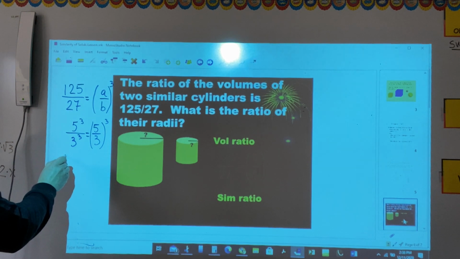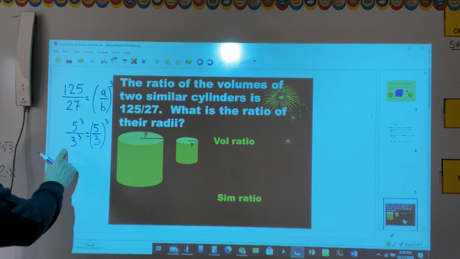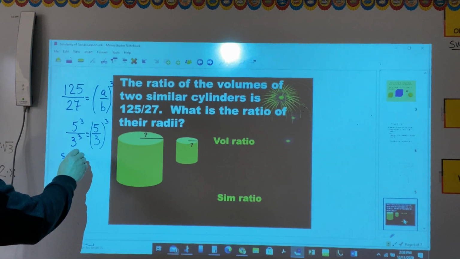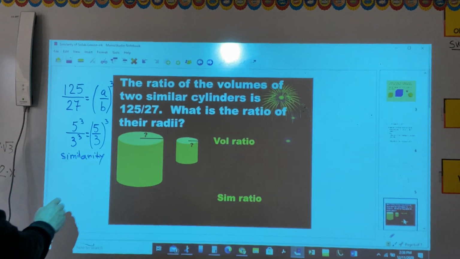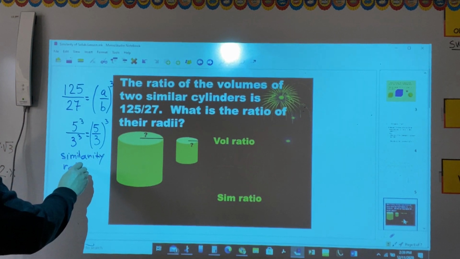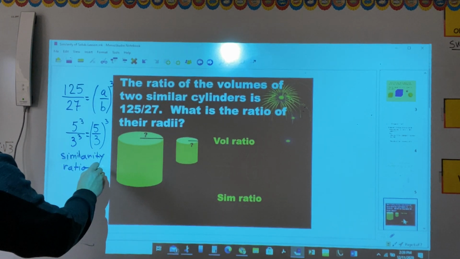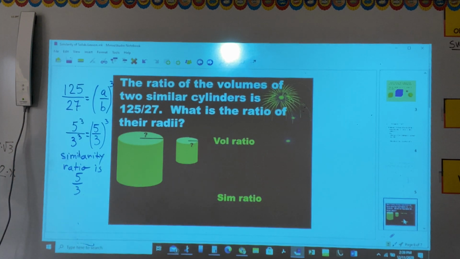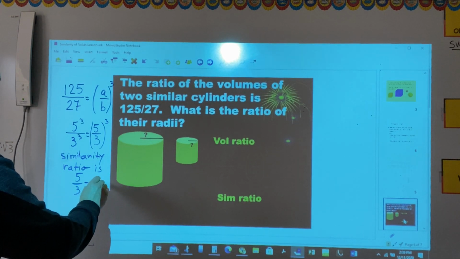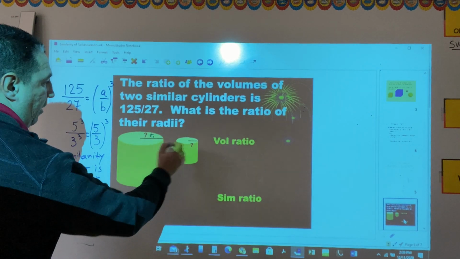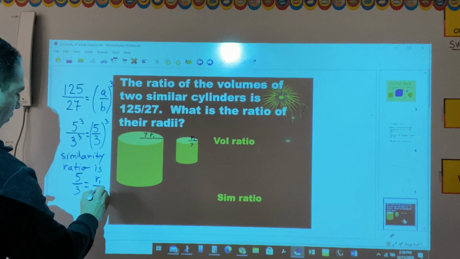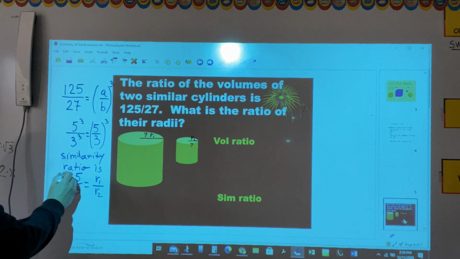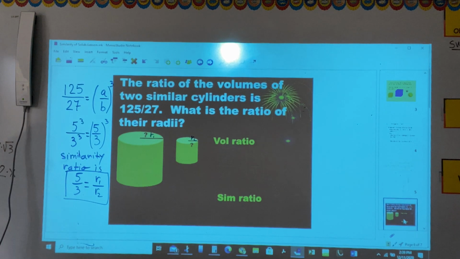Which means the similarity ratio is 5 over 3, which is the same as the ratio of their radii, right? So let's say R1 over R2. Yes?